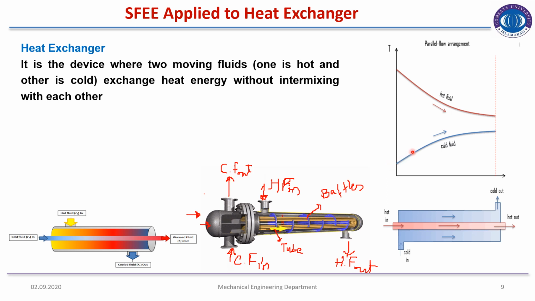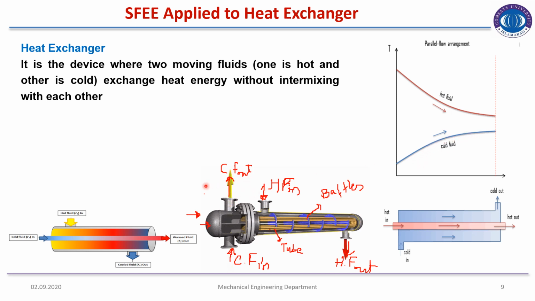It will exchange heat and its temperature will rise, and let's suppose the exit temperature is 40 degrees centigrade. The hot fluid is entering at 90 degrees centigrade and exiting at 50 degrees centigrade. So the temperature of the hot fluid is decreasing, whereas the temperature of the cold fluid is increasing.